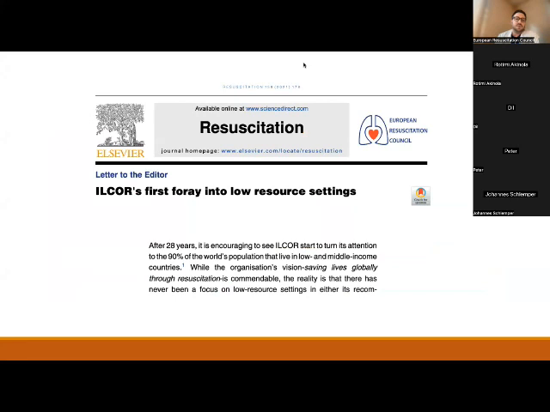This has been one of the first official suggestions or protests against guidelines and recommendations coming from high resource settings and then just published, saying, well, this is everything you have to do in resuscitation. This has been a letter to the editor saying, well, ILCOR is not doing its best, and ILCOR has neglected this issue in the past.